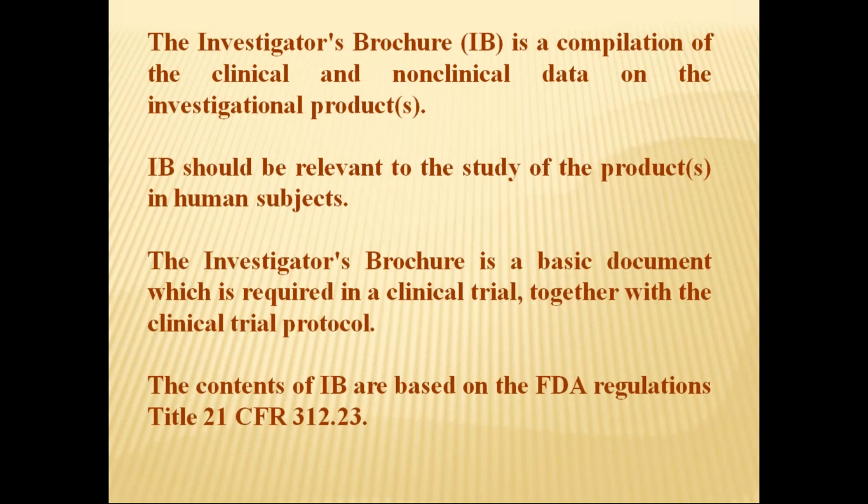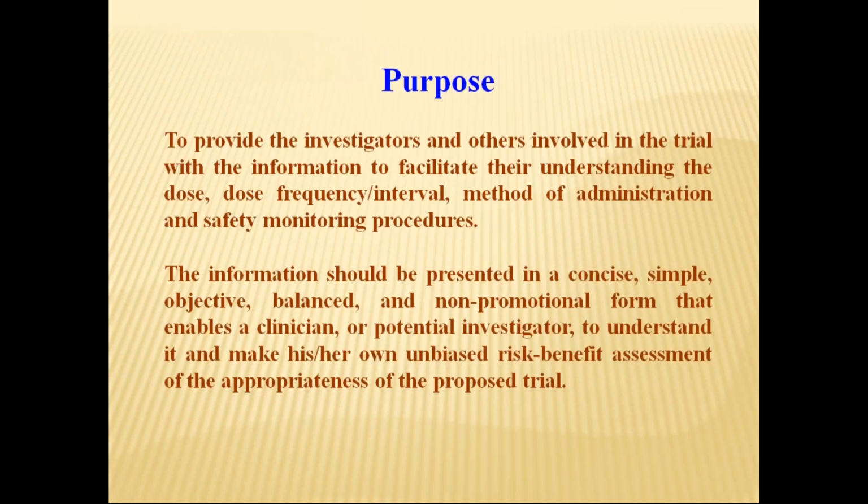These two are the basic documents, the protocol and the IB. The contents of the IB are per 21 CFR Part 312, section 112. The main purpose is to provide investigators and others involved in the trial with the proper information to facilitate their understanding of the dose, frequency, and route of administration.